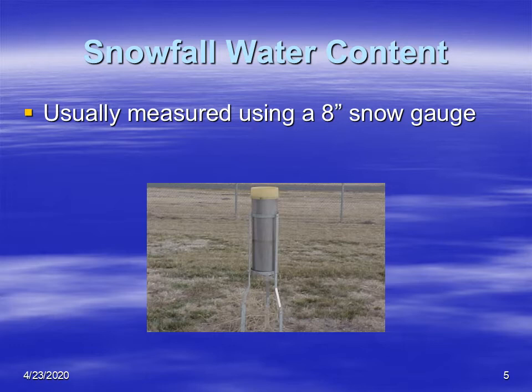Well, actually, it's the same thing, but they take out the funnel. I don't know if you recall when we were talking about the 8-inch standard rain gauge, there was a funnel that goes into a measuring tube. During the wintertime, they take out that funnel and the measuring tube, and then they just leave the can open and let the snow fall into the can.